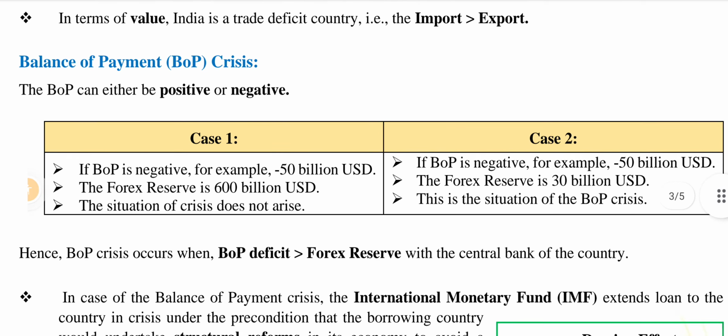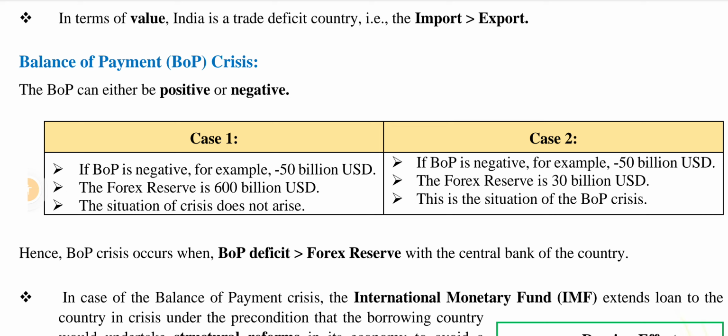BOP crisis. The BOP can either be positive or negative. Case 1: if BOP is negative, for example minus 15 billion US dollars, and the forex reserve is 600 billion US dollars, the situation of crisis does not arise.